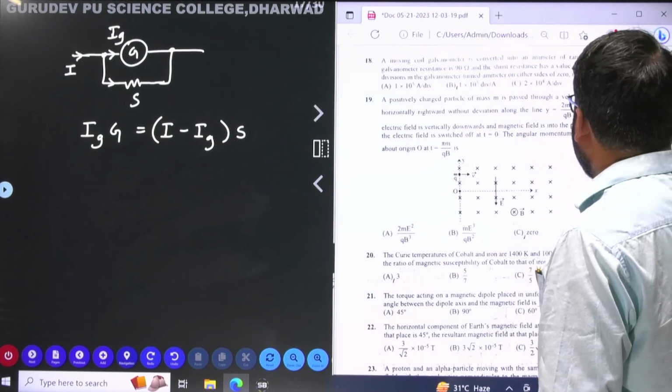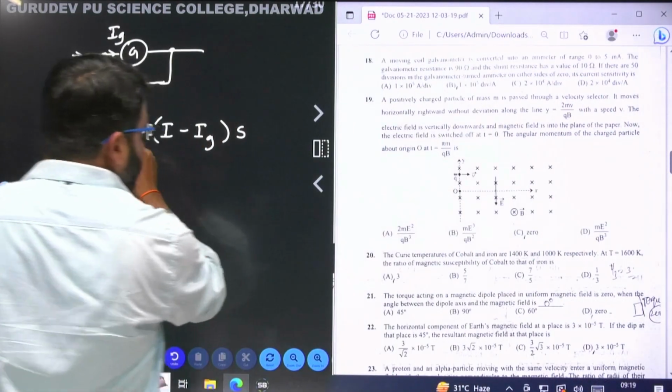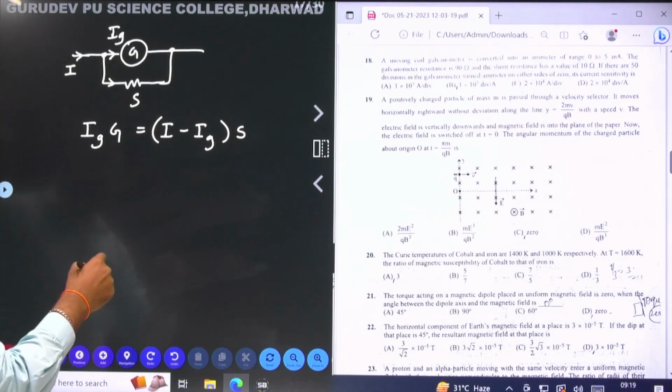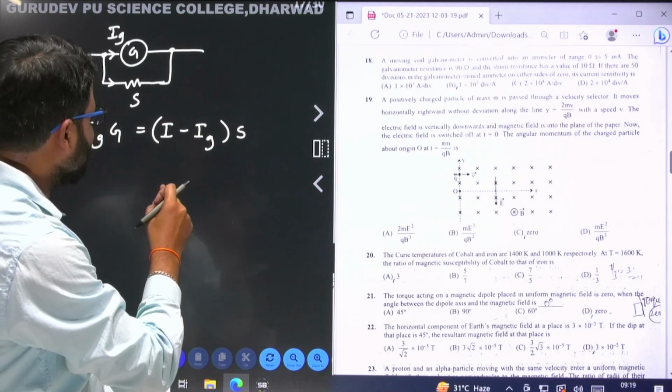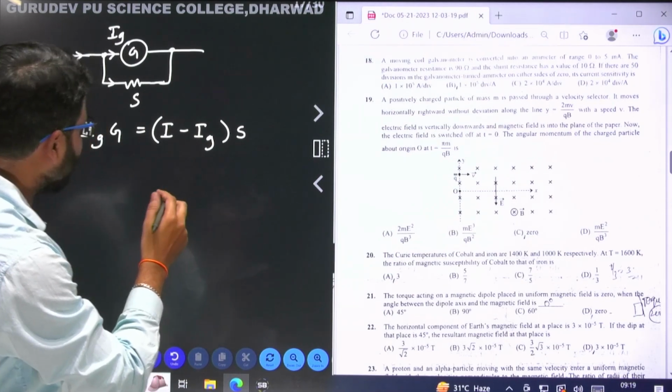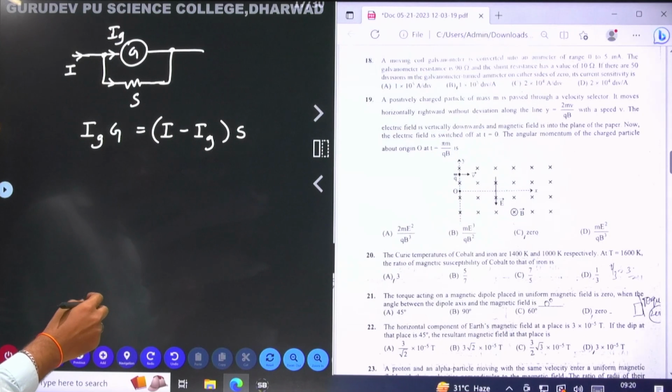The value of this one is 5 milliamperes. So that 5 milliamperes is nothing but our range of the galvanometer.